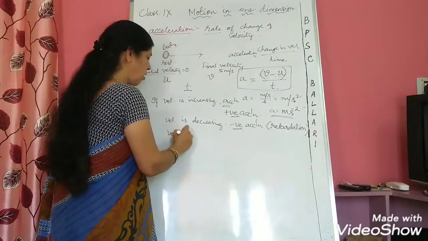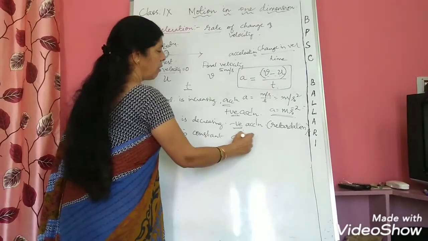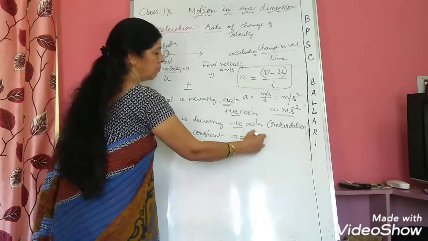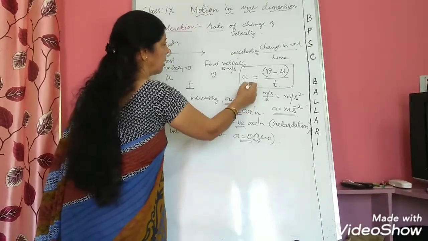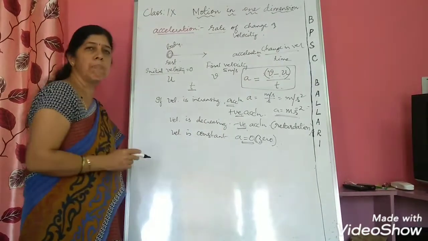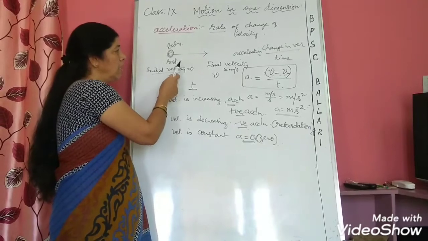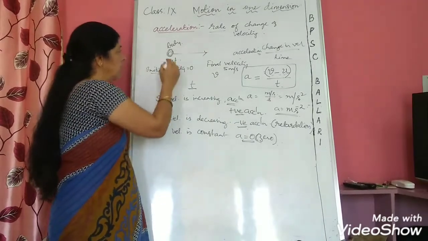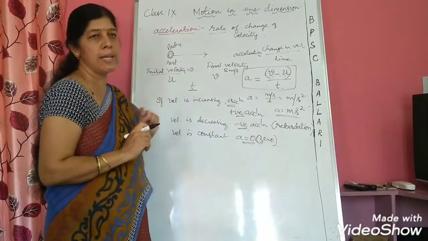If velocity is constant, then acceleration will be zero. So remember, acceleration is nothing but change in velocity by time. Here I am just discussing about the horizontal motion of bodies. So if the body is going in a horizontal direction, then we call it as acceleration.